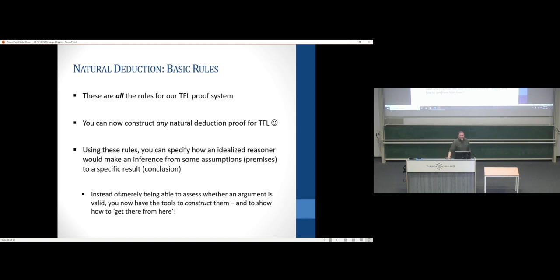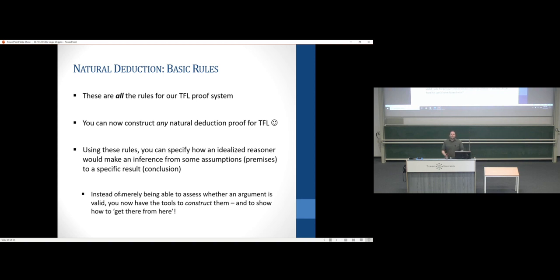So instead of merely assessing whether an argument's valid or invalid, you can show how it's valid, how to go from the premises to the conclusion. And that's what we're going to be doing. So we're going to work on a bunch of different things. Now note, much like when we had some of the other features, things like joint consistency or tautological equivalence, we had all of these semantic properties.